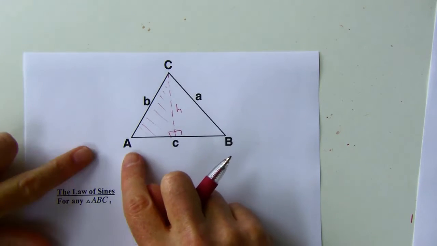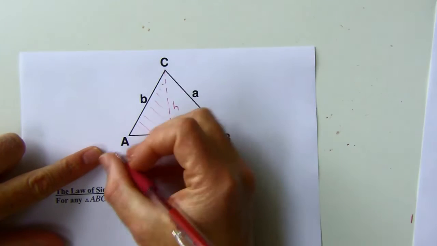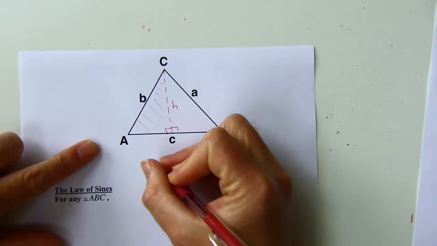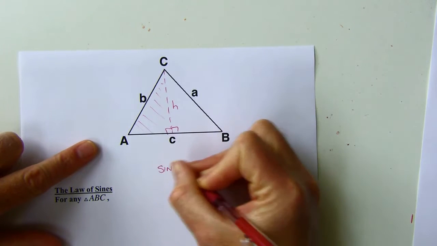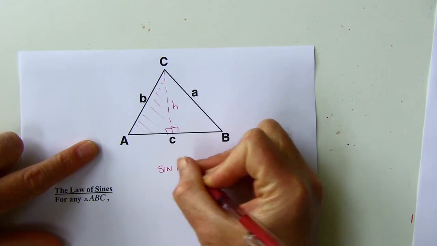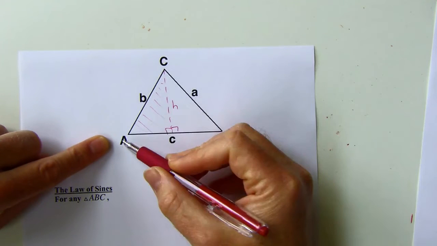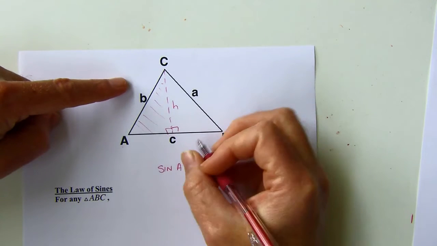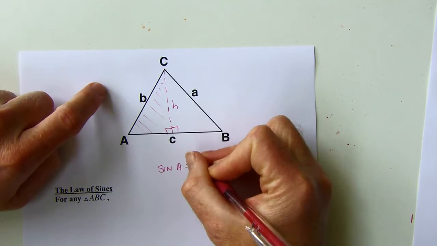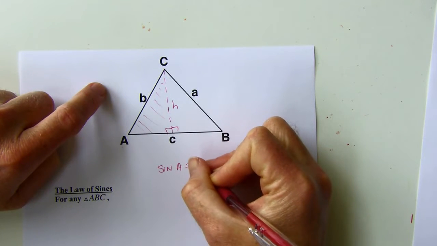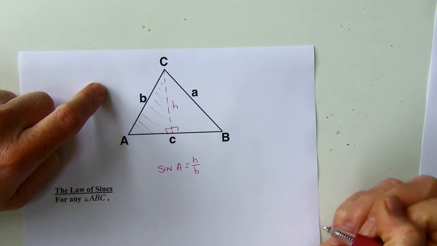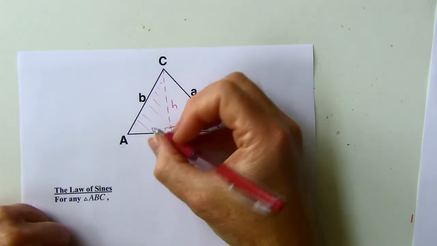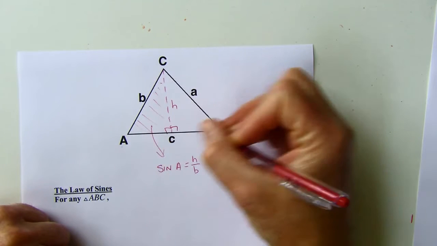The sine of A is going to use H. Sine of A, well, that's going to be opposite over hypotenuse. My opposite is going to be the H. The hypotenuse is going to be the lowercase b. Okay, so I'm being really careful with uppercase and lowercase because I'm sometimes not careful about that. So I use this triangle to get that.